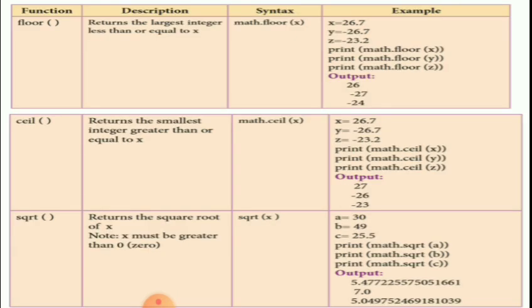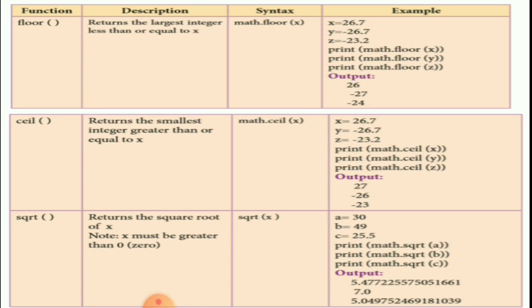Next one is the floor function. It returns the largest integer less than or equal to x. X in the sense of what we pass to the particular function. With the example we can make it very clear. X is equal to 26.7, then y is equal to minus 26.7, z is equal to minus 23.2.